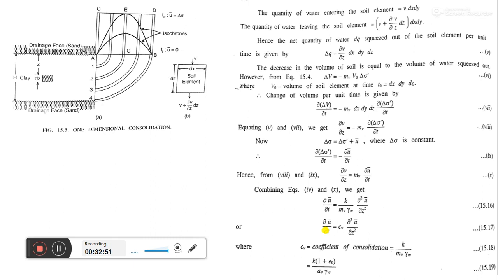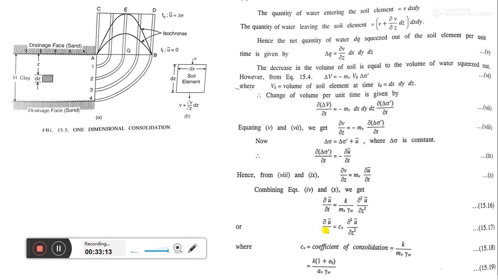Some things I should tell. Equation 15.17 is the basic differential equation of consolidation, which relates the rate of change of excess hydrostatic pressure to the rate of expulsion of excess pore water from a unit volume of soil during the same time interval.